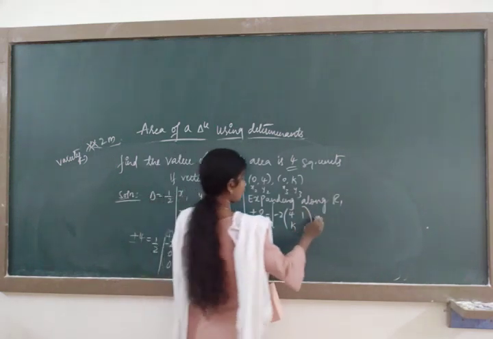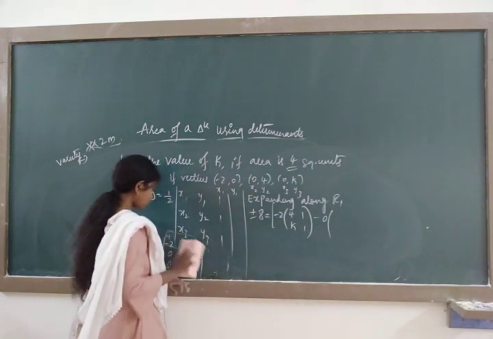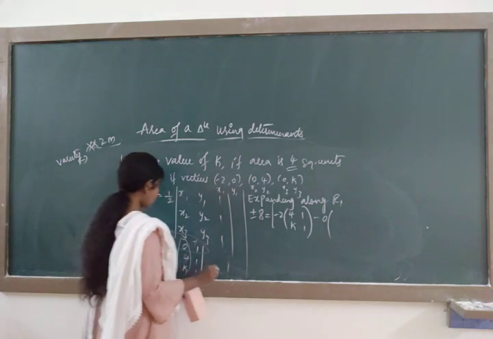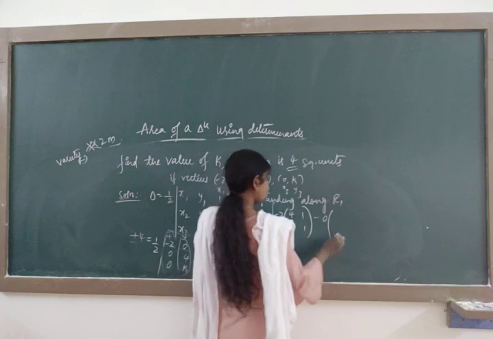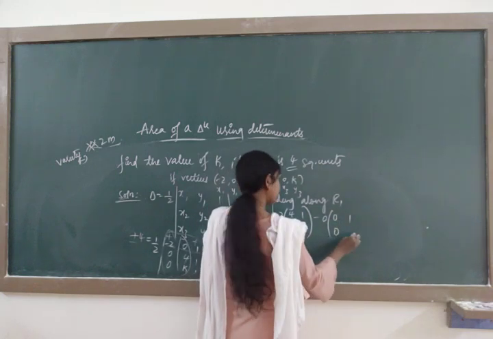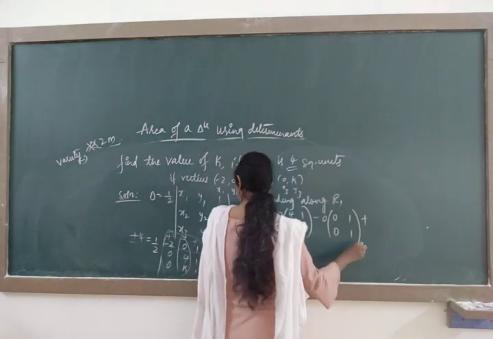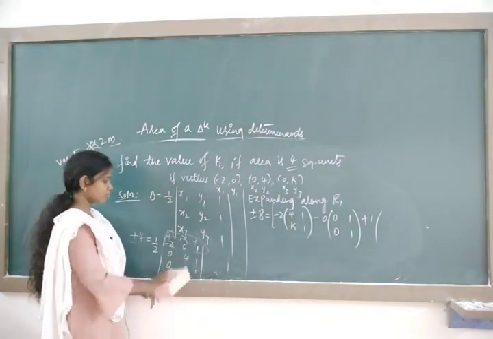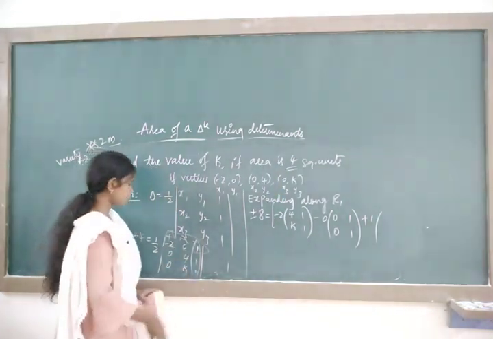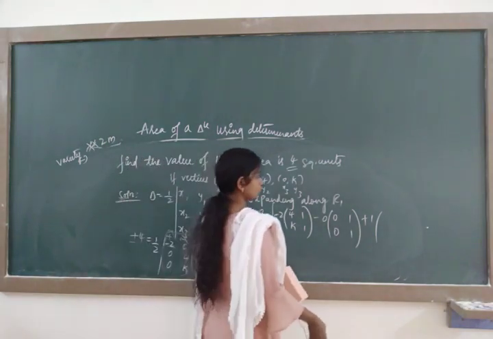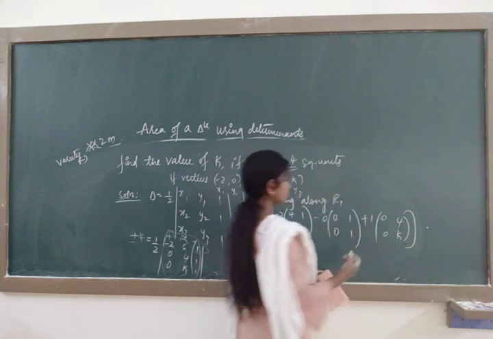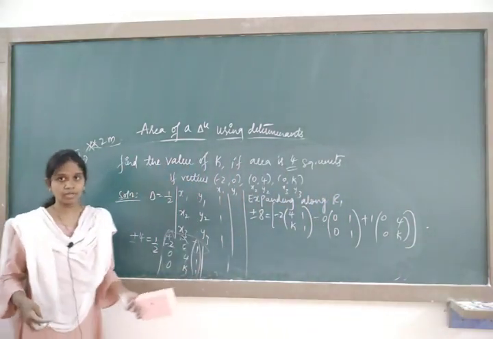Next minus 0 of, now the first column gets open, then which column will be closed? It's the second column, it remains as 0 1, 0 1. Plus 1 of, now the second column gets open, what will be closed? It's the third column, so it will be 0 4, 0 k.